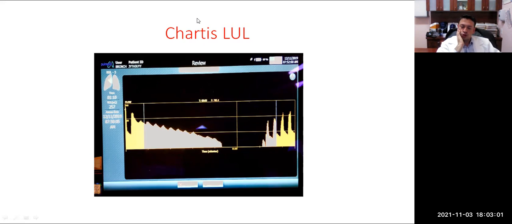But again, I think it has to do with the lower lobes being by the diaphragm and being more prone to this atelectasis formation.